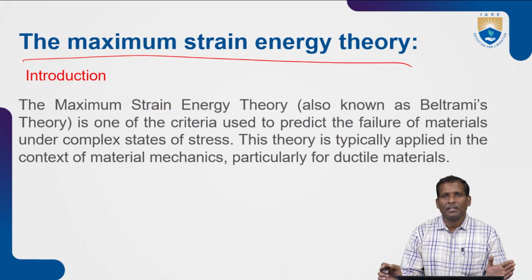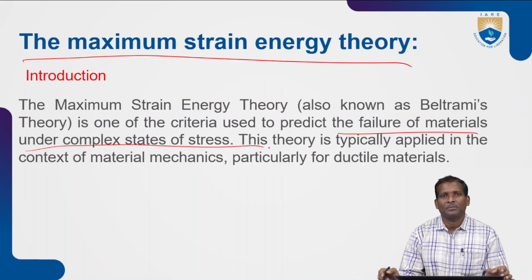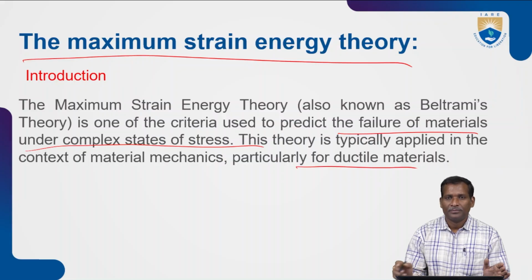The maximum strain energy theory, also known as Beltrami's theory or Haigh's theory, is one of the criteria used to predict the failure of a material under a complex state of stress. This theory is typically applied in the context of mechanics of materials, particularly for ductile materials.